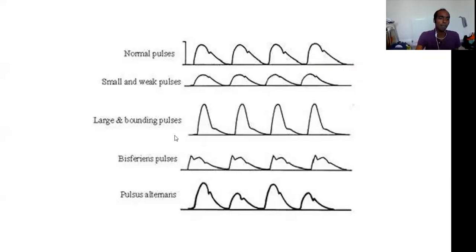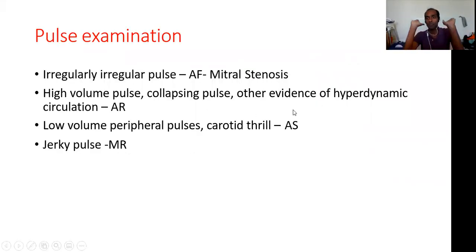Slow rising. If you go to the gym these days and do weights, when you are trying to lift something, you lift it like this. So when there is aortic stenosis, what happens? The pulse cannot rise like this. It rises with difficulty.